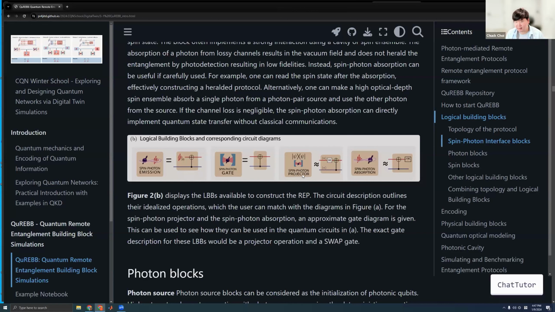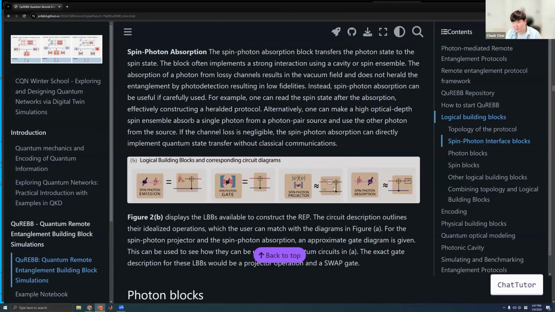This is literally the same as a projection operator that we are using in quantum mechanics, but this spin photon projector can be used to configure the CNOT gate in a very specific way. So if you're using the spin photon projector in a proper way for configuring the CNOT gate, it's always in this form.